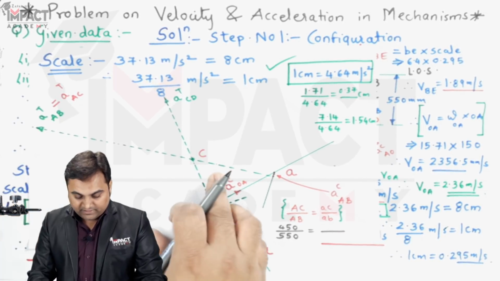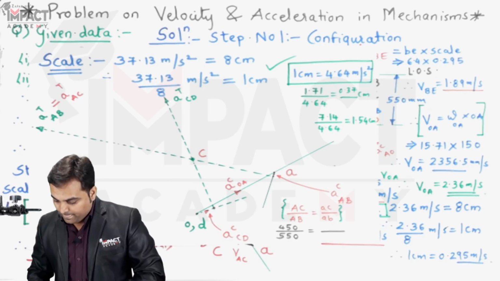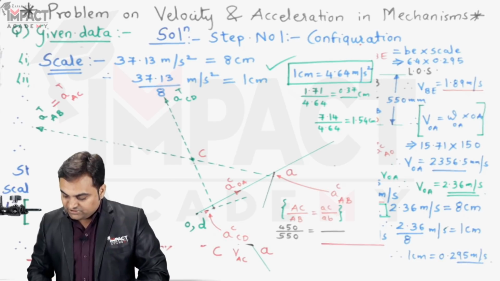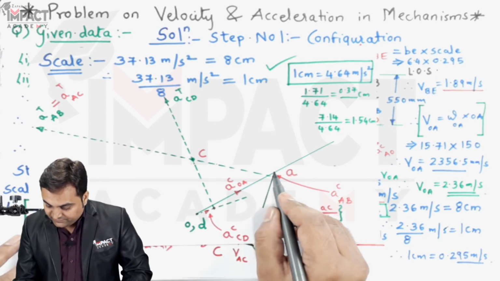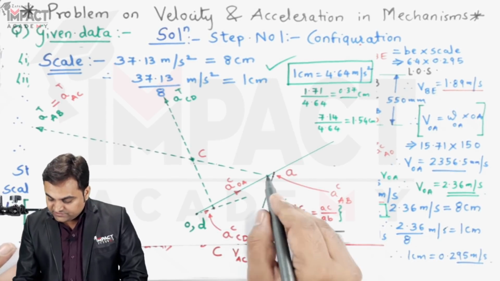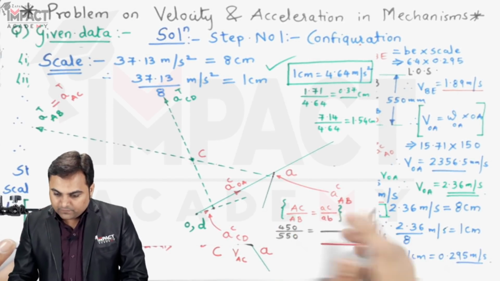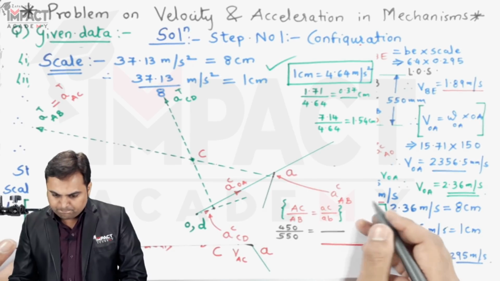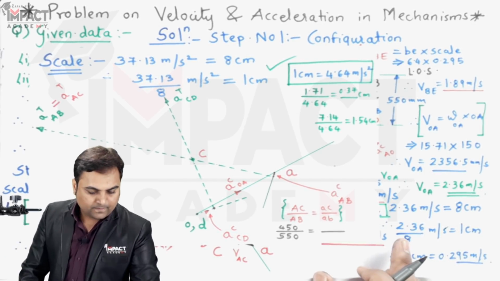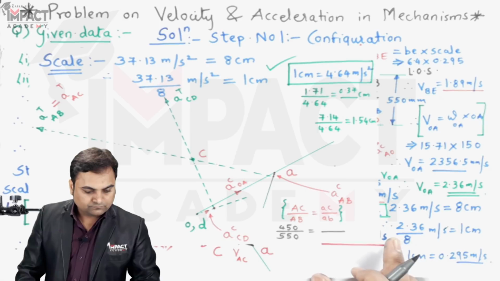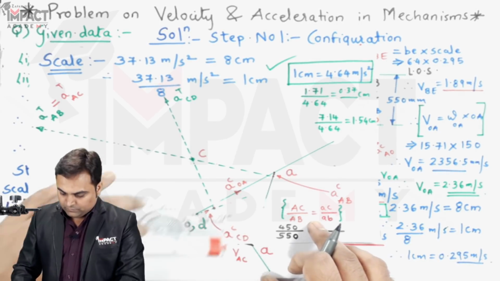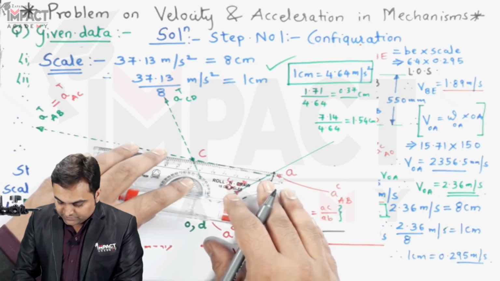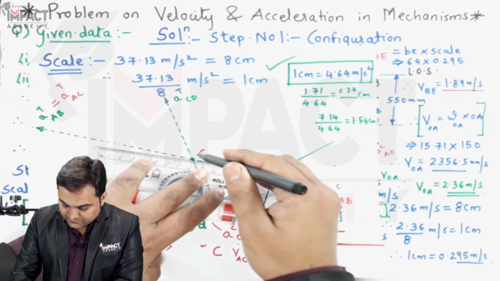And small AC I can measure it from here. Just for that I'll explain how to get this. Now we have the centripetal acceleration of AC, and here I am joining this A to C distance.